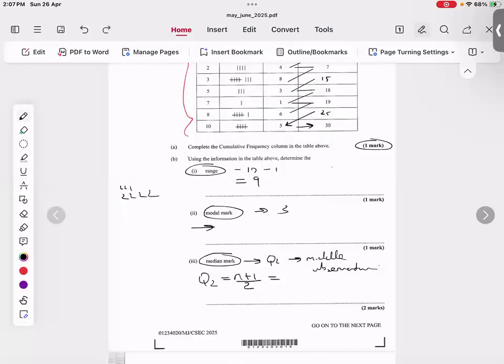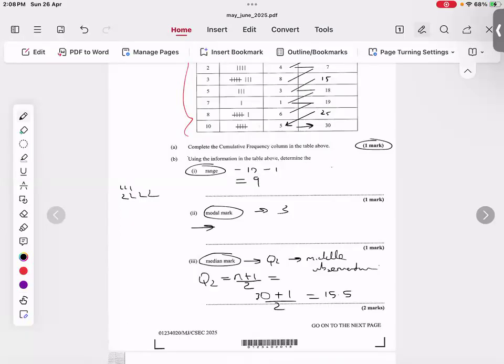Remember, for 30 people, there have to be 30 observations. So there are 30 people and they all got 1 score. So there has to be 30 times 1, which is 30 observations. So 30 plus 1 over 2. So the median is located at the 15th and a half position.